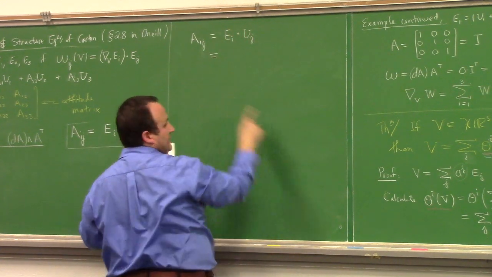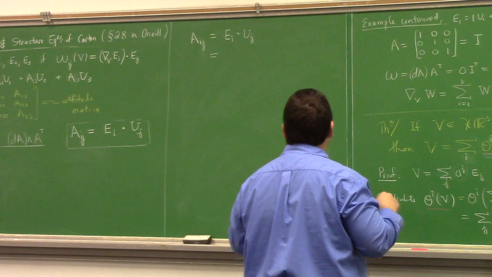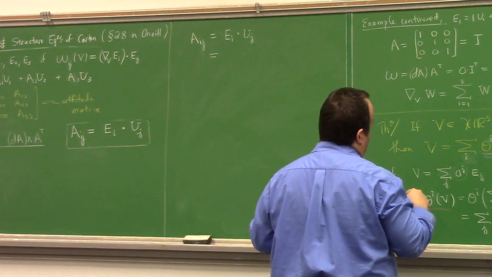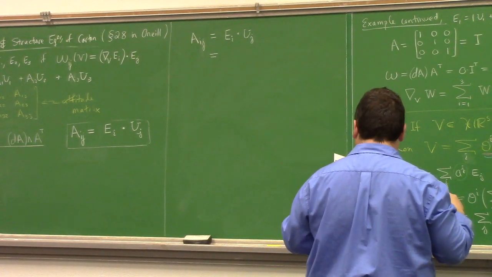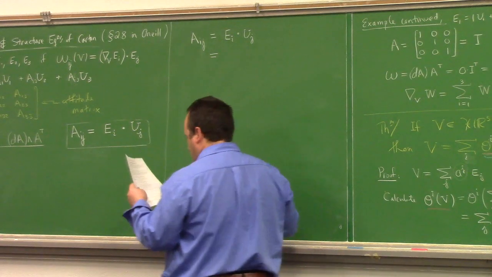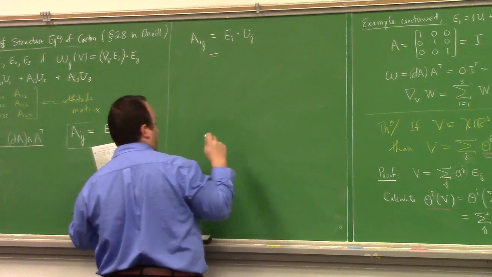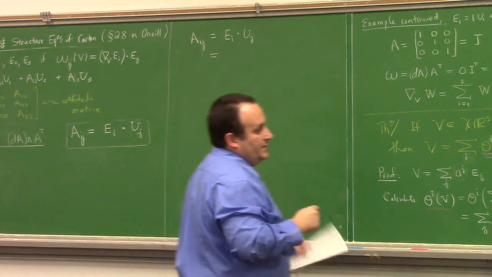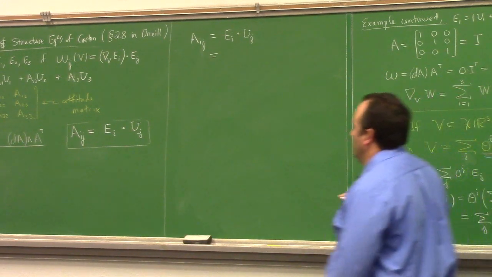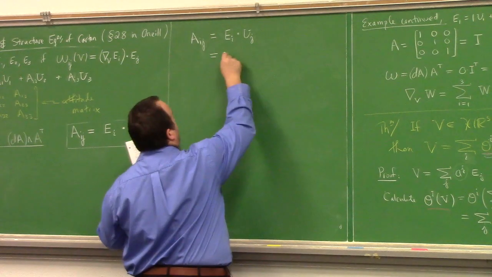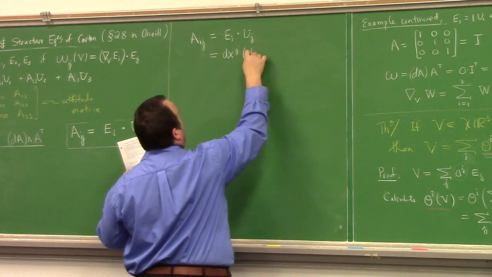But by this theorem, I could also write that, by that calculation over there, as the coframe acting on V. So here, I can write that as dxj acting on Ei.